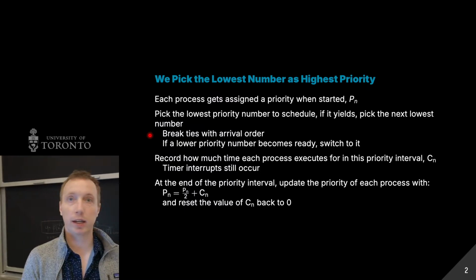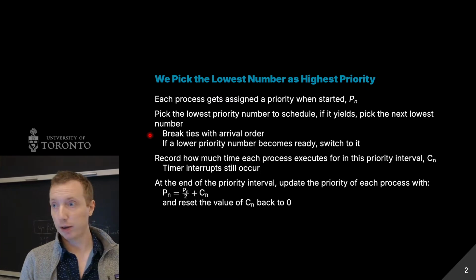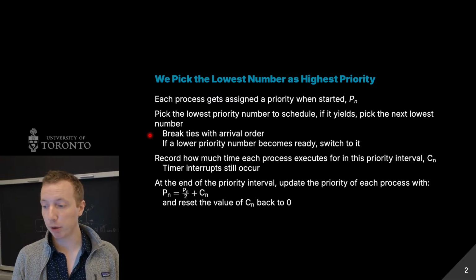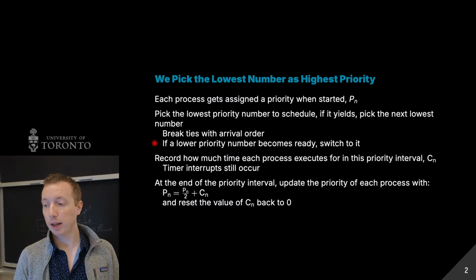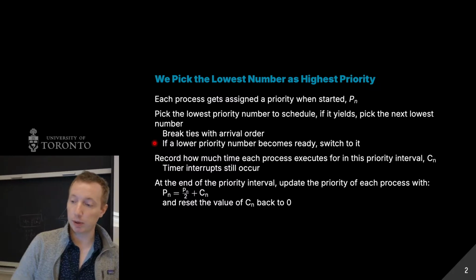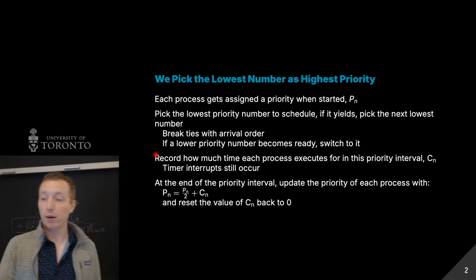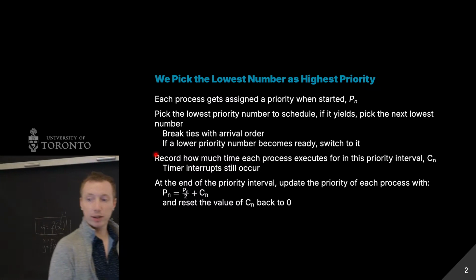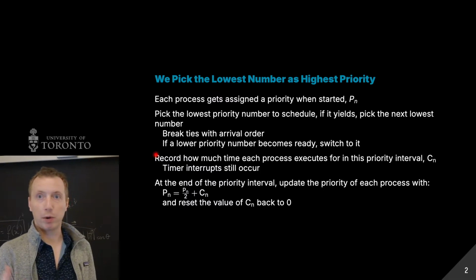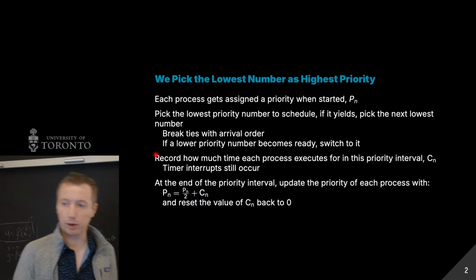We break ties between processes of the same priority by arrival order. If a lower priority number becomes ready, we immediately switch to it. And then, as I said, we record how long each process executes during this priority interval, or time slice, however you want to say it.